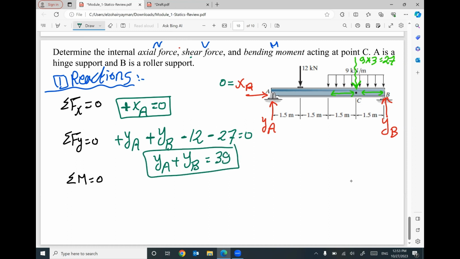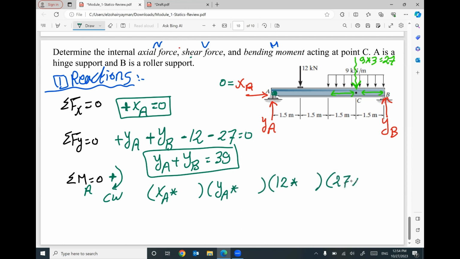Summation moment at any point, I do recommend to take moment at the point A with the highest number of reactions. I'm gonna assume my clockwise rotation is my positive. So XA times distance, YA times distance, 12 times distance, 27 times distance, YB times distance equals 0.